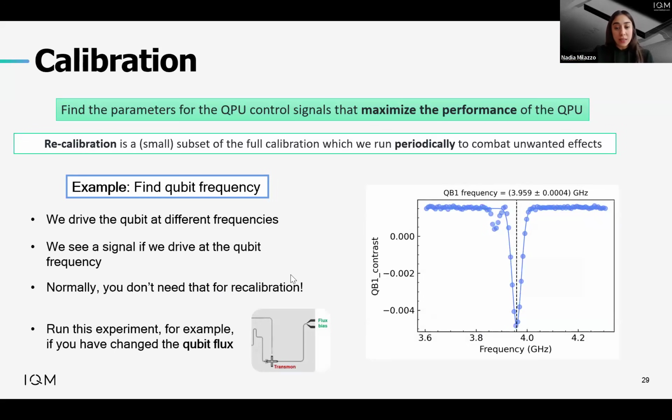But actually, this is an example of what you would do a bit more rarely, because this means that you have changed the flux. And if you remember, we have talked a lot about the drive lines, but less about the flux, because this happens more rarely in reality.